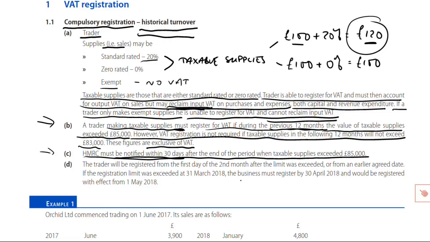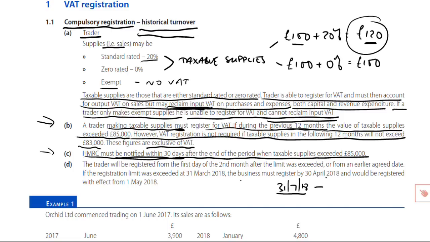So let us assume, for the purposes of this example, that the level of £85,000 was exceeded by the 31st of July 18. On a 12-month count back, by the end of July 2018, this is the first time we've exceeded the cumulative £85,000 historical turnover limit.